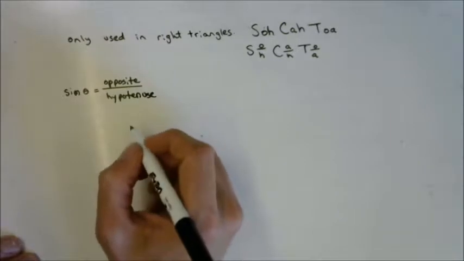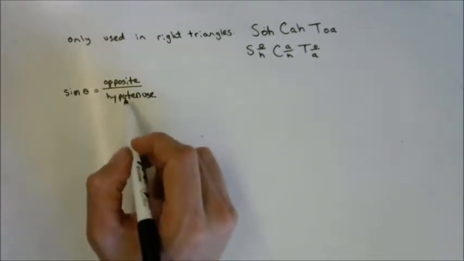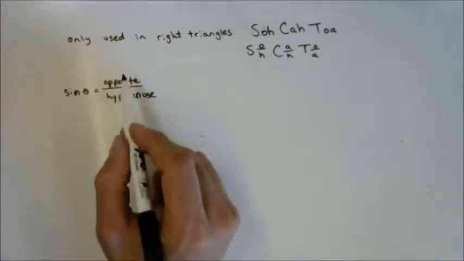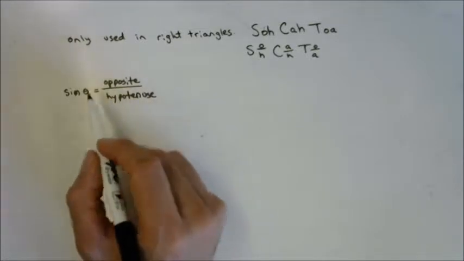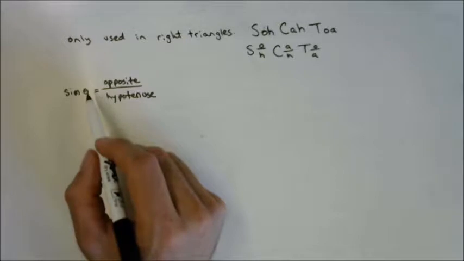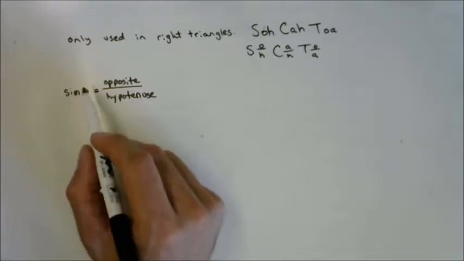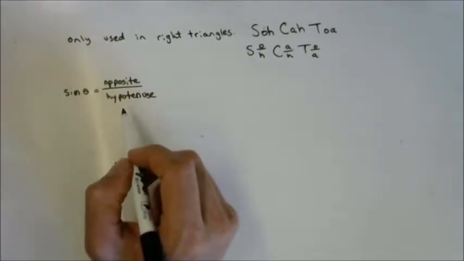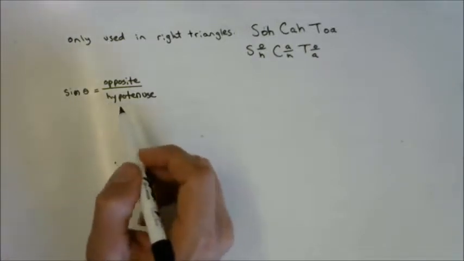So a ratio is just a comparison of numbers. So right here we have a ratio, one number over the other number, and the sine of theta, the sine of the given angle, or the angle that you're looking for, is equal to opposite over hypotenuse. So this is called the sine ratio.